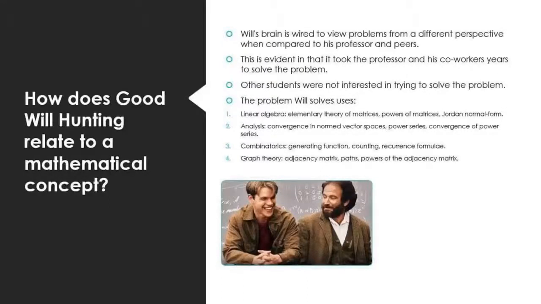Next, we are going to be talking about Good Will Hunting. In Good Will Hunting, Will's brain is wired to view problems from a different perspective when compared to his professor and peers. This is evident in that it took the professor and his co-workers years to solve the problems. Other students were not interested in trying to solve the problem either. The problem we see Will solve is linear algebra, analysis, combinatorics, and graph theory.